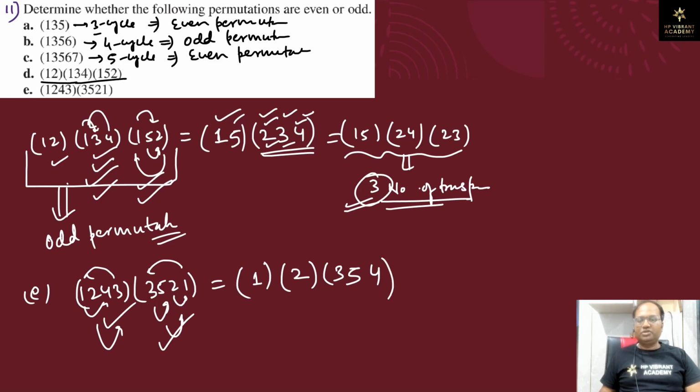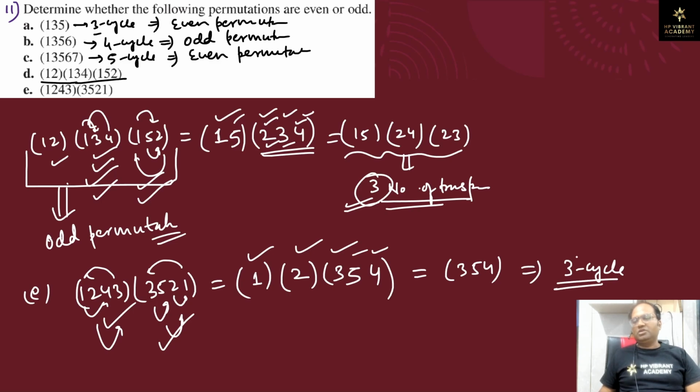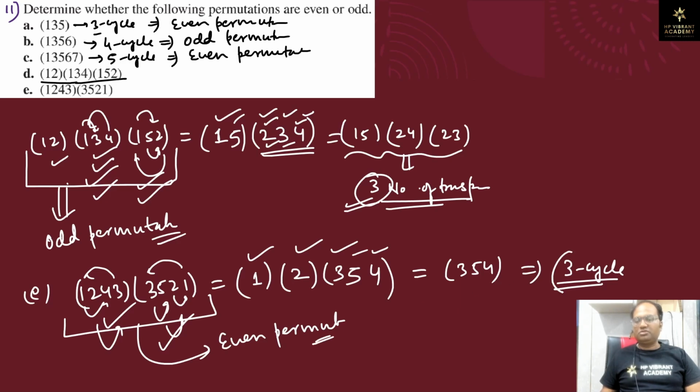This is closed. 1, 2, 3, 4, 5, everything is covered. So we can write this as (3 5 2 4), a cycle whose length is even, so the permutation is an odd permutation.